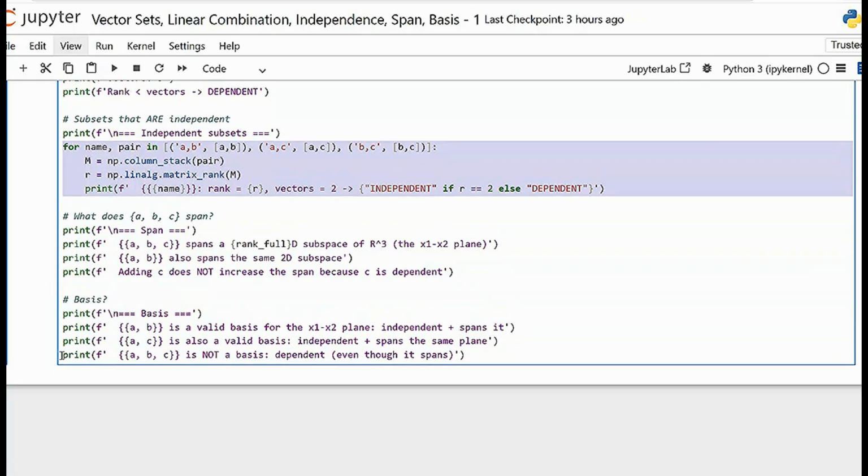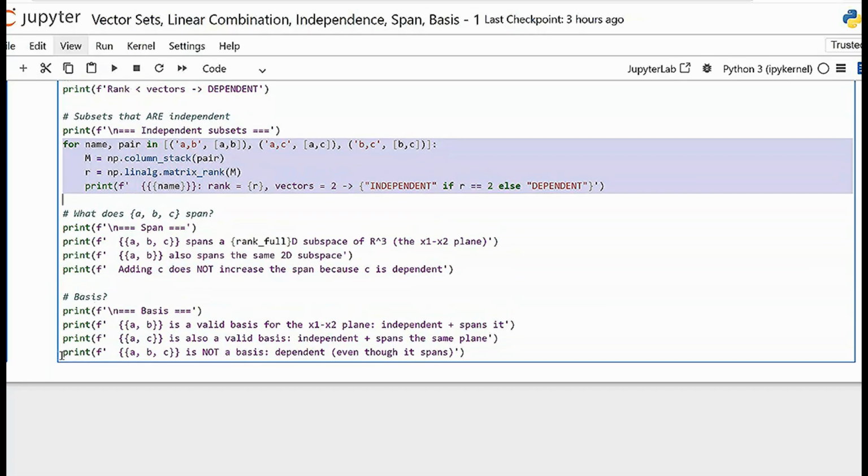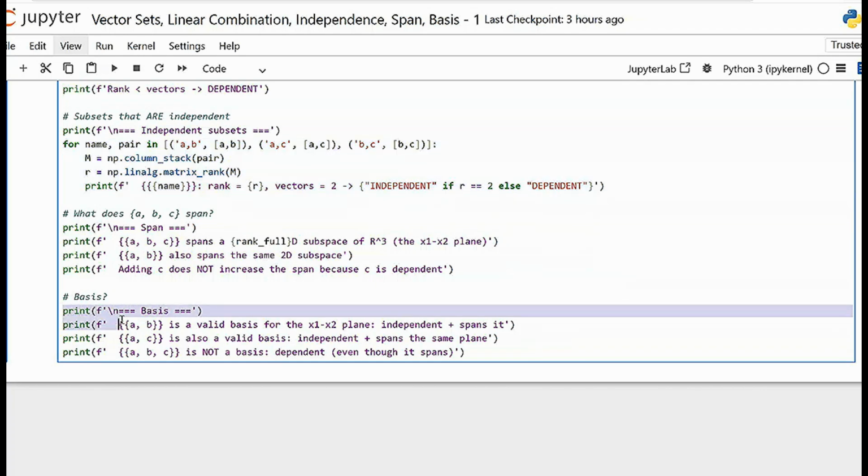Once done, we print the rank, the subspace, and whether it is dependent or not. Not only that, we also have the basis evaluation, which concludes whether A and B is a valid basis or not.